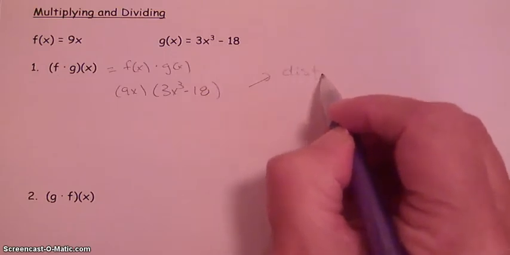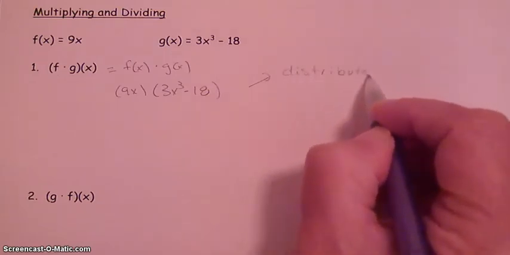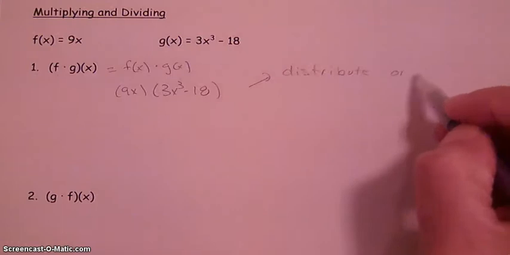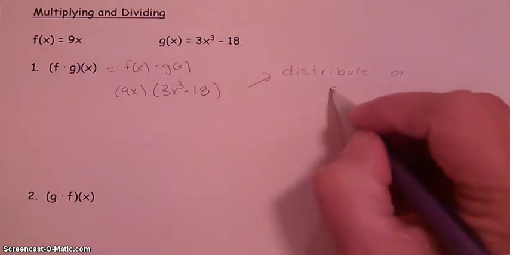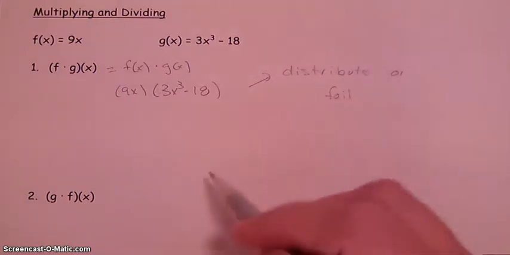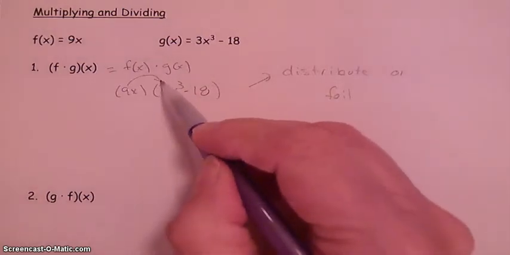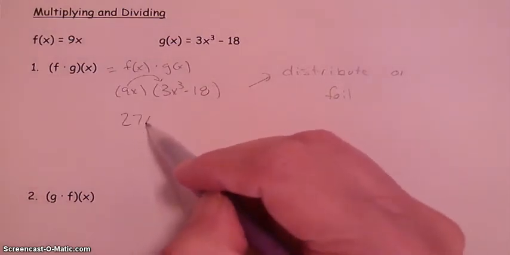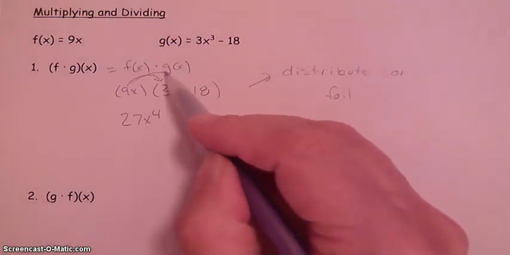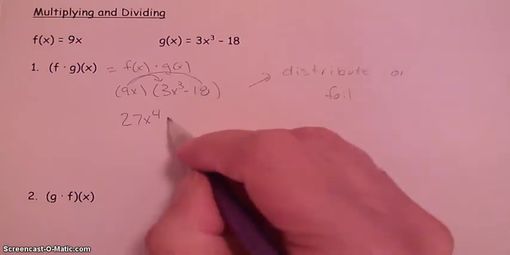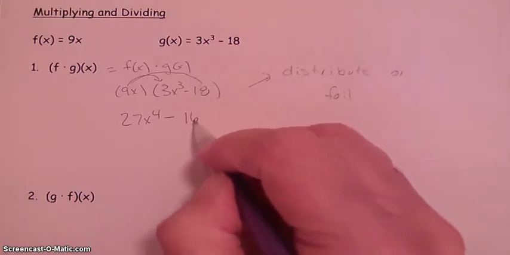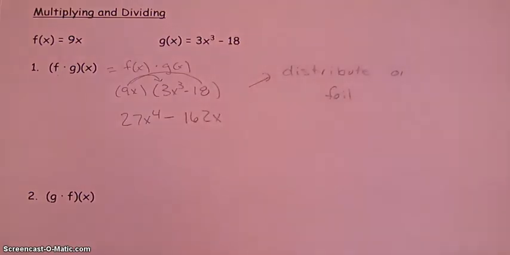Use distribute or FOIL, depending on what your functions are. So I'm going to take 9x and multiply it by 3x cubed and get 27x to the 4th, and then 9x times negative 18, and I get minus 162x.